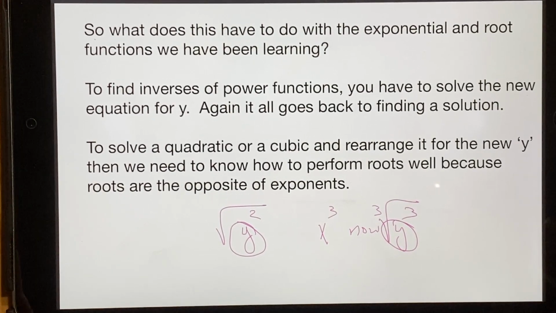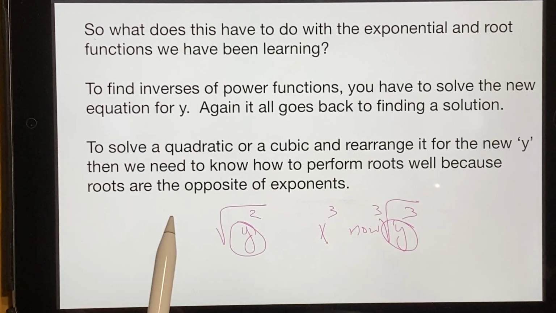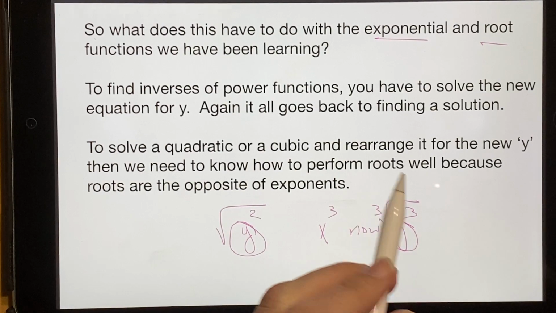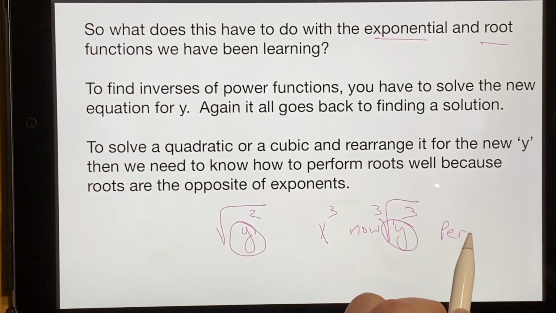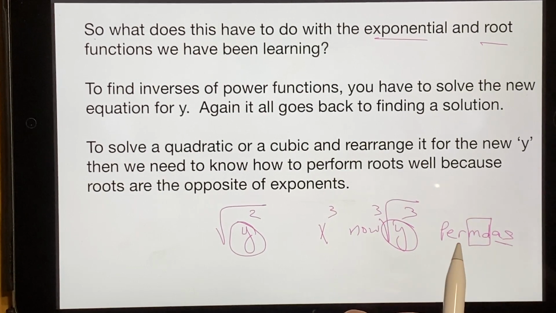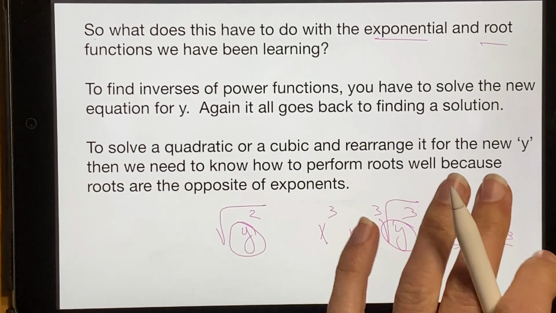So again, our inverses are always those opposites. And now that we know exponents, we know that exponents and roots are opposites. Whenever we look at, as I like to say, PEMDAS, everything has a pair, right? So our exponents and roots have a pair there.